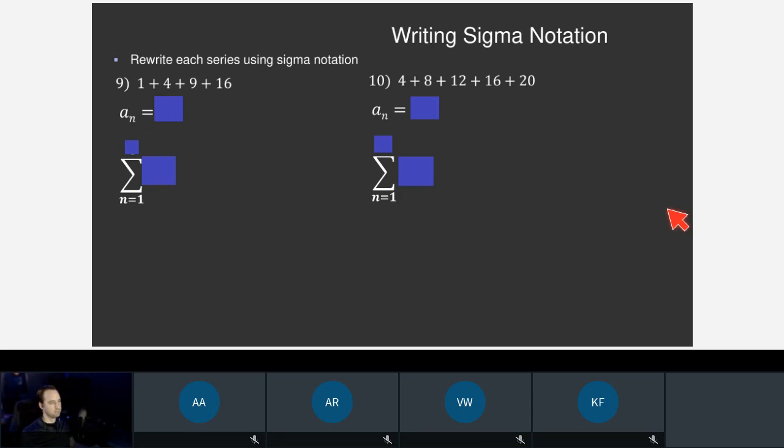So nope. 1 plus, nope. It's like George got it. 1 squared is 1, 2 squared is 4, 3 squared is 9, 4 squared is 16. Nice job, George. So George figured out the math going on.